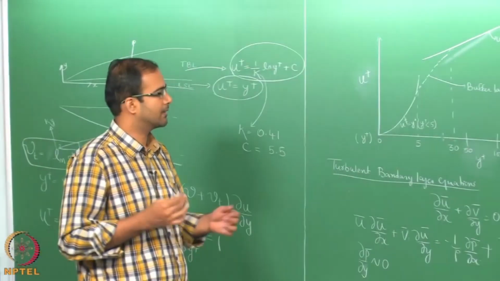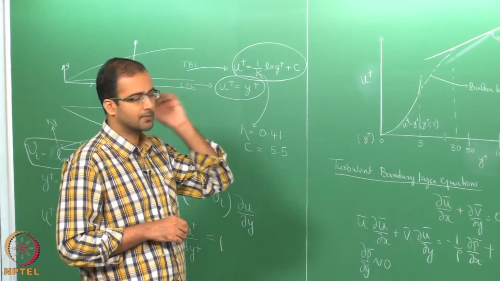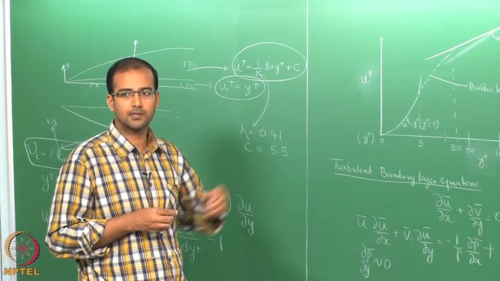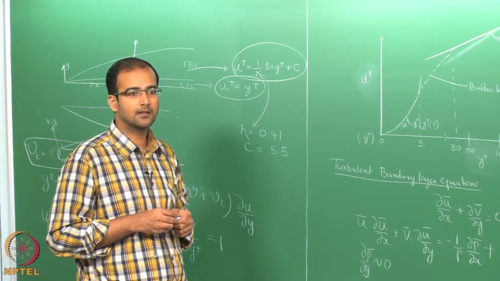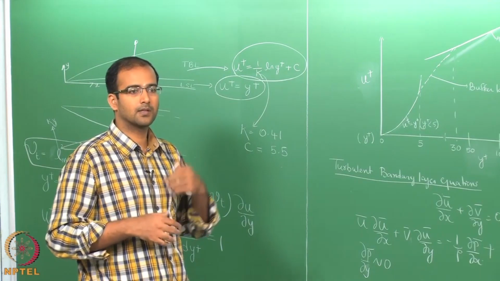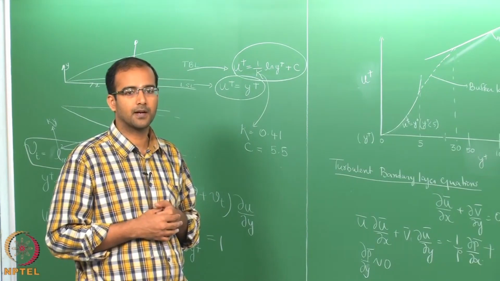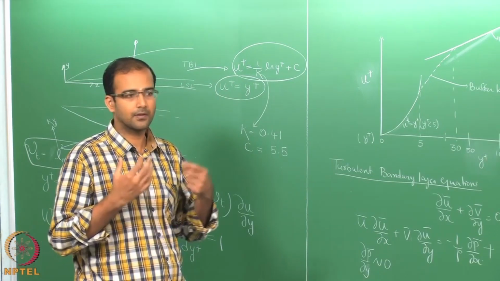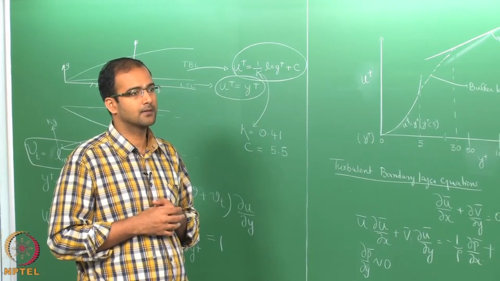Now, what do you think? If you talk about the approximate methods, you will use the momentum integral method, find out the expression for delta, and obviously then you want to go to the energy integral equation, find out an expression for the thermal boundary layer thickness. But will that give you the Nusselt number?